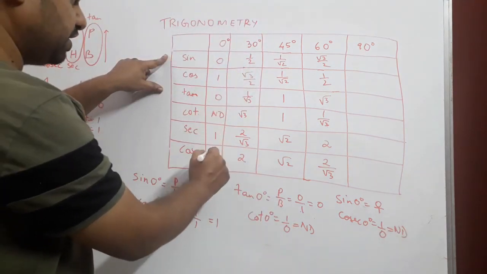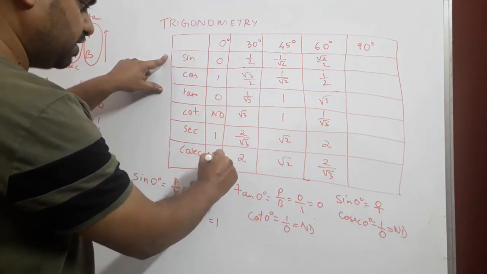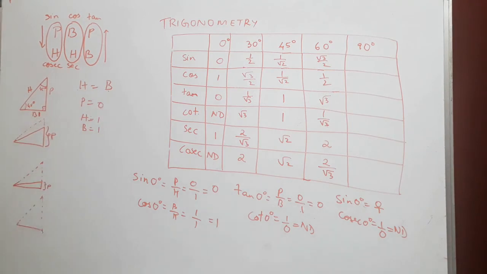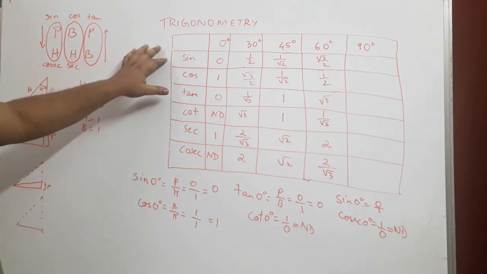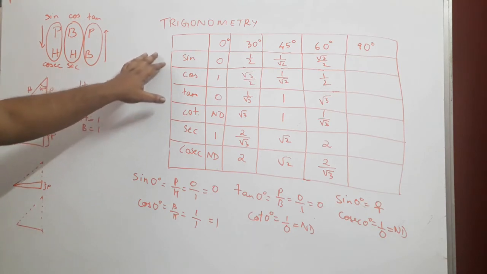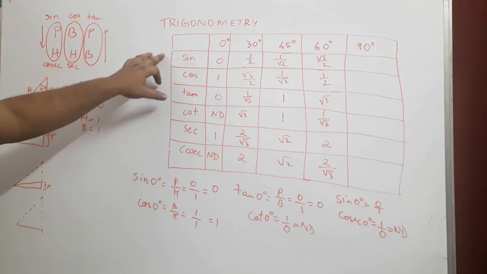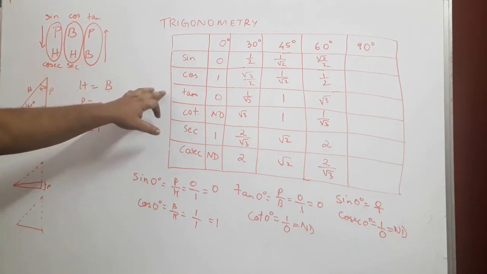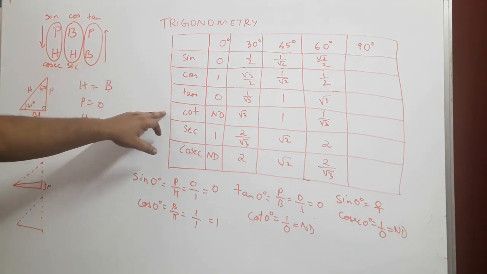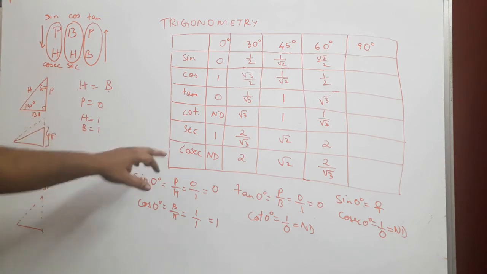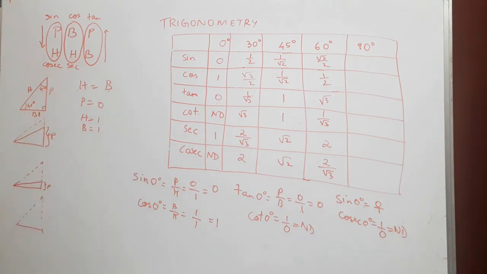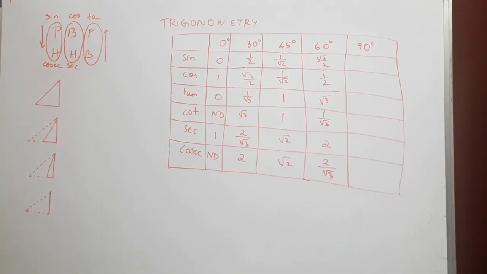So cosec of 0 degrees is also not defined, just like cot of 0 degrees. So have a look how we have found out everything of 0 degrees: sine 0 degrees, cos 0 degrees, tan 0 degrees, cot 0 degrees, sec 0 degrees, and cosec 0 degrees. So next we come to 90 degrees, our last degree.